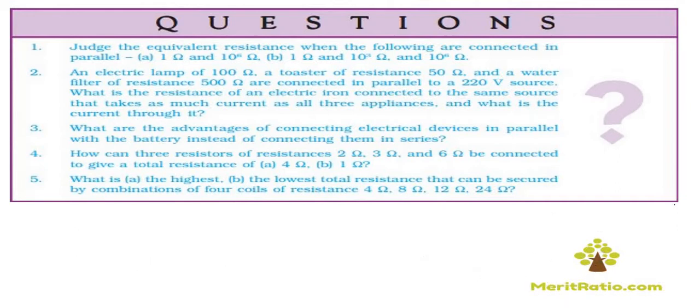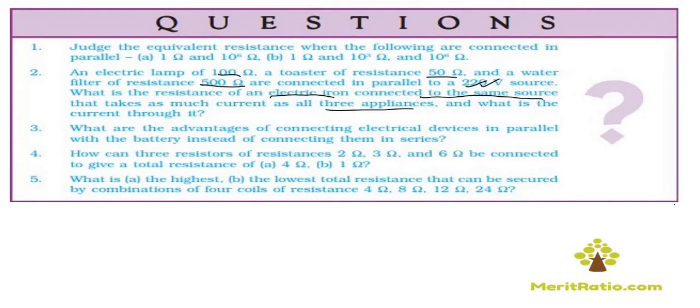We have just obtained the equivalent resistance of these three resistors, 100 ohm, 50 ohm and 500 ohm, which are connected in parallel. Now it is asked in the question, what is the resistance of an electric iron connected to the same source? Same source means it is also getting a potential of 220 volt, and it takes as much current as all three appliances, which means that the equivalent resistance of this electric iron is the same as the equivalent resistance of the three resistors connected in parallel.